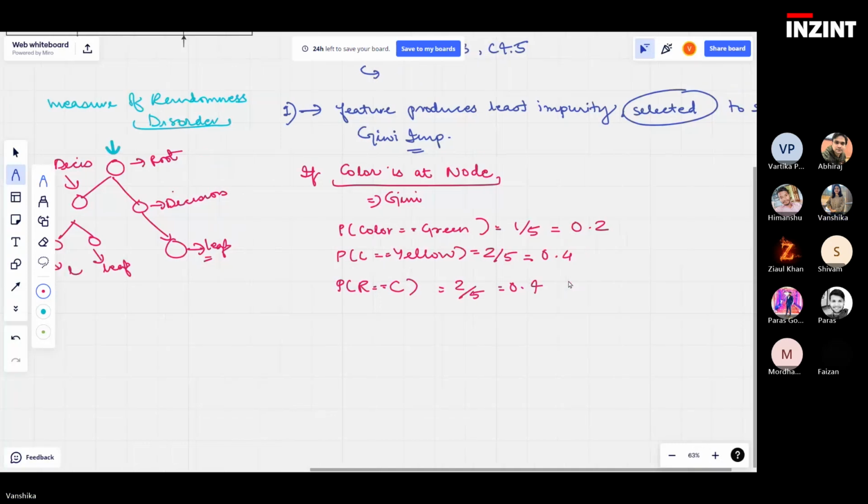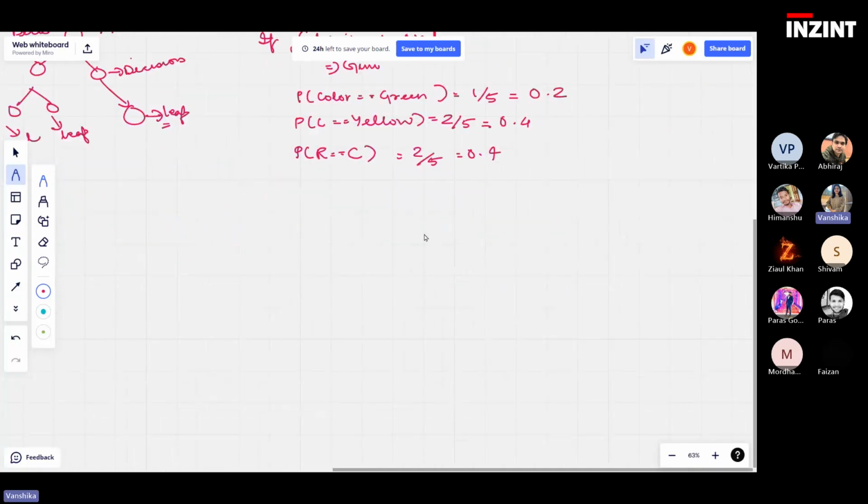All right. Here, we will now calculate the impurity. How do we calculate the impurity? 1 minus the sum of the squares of all the probabilities. So we subtract 0.4 whole square, 0.2 whole square, and 0.4 whole square from 1. We are going to do this.